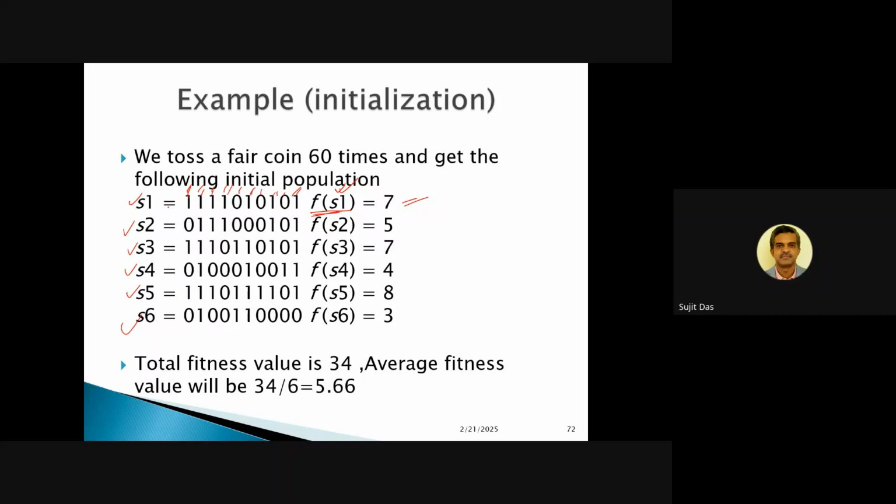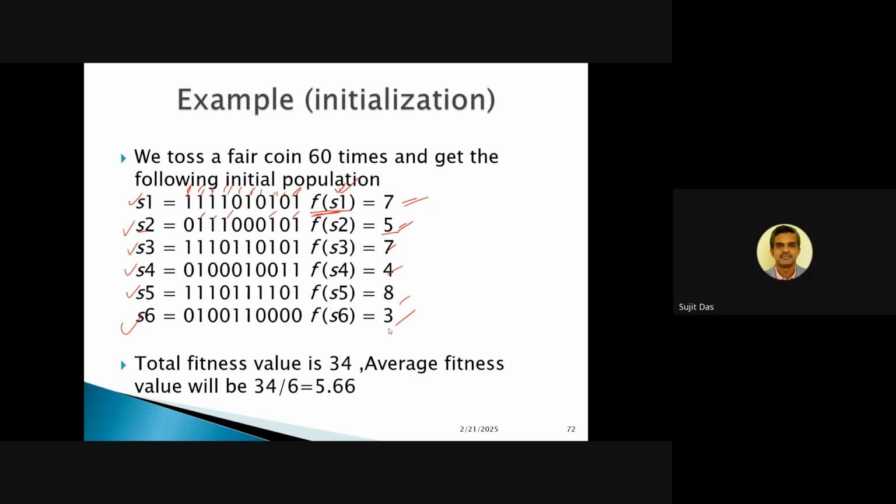Here, how many ones are there? 1, 2, 3, 4, 5. Five ones are there, so we consider this as 5. Based on the number of ones in each and every solution or chromosome, we are finding the fitness value of this initial population.